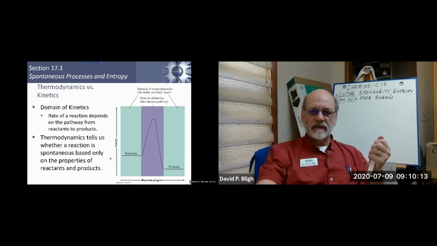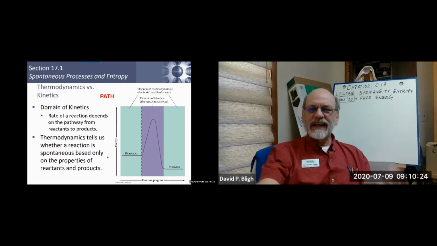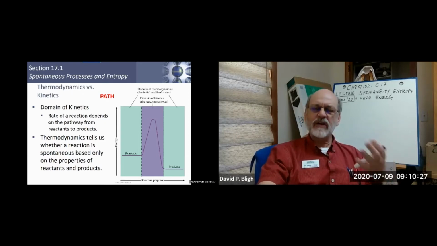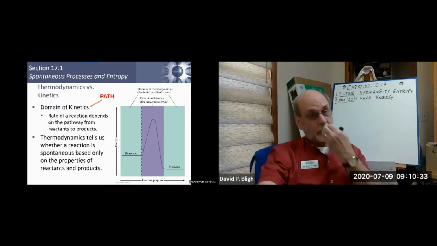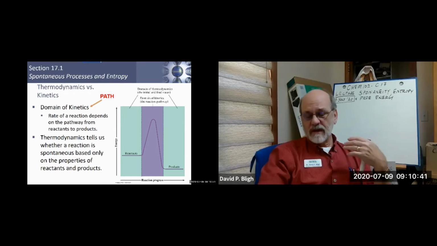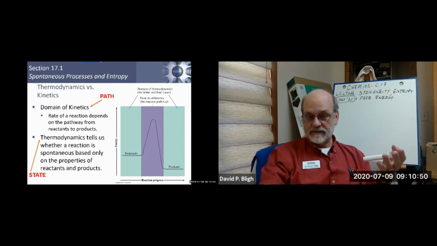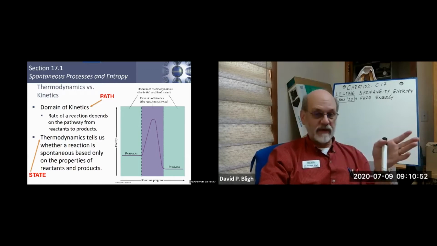So with those facts in mind, we say that the description of a reaction in terms of kinetics is a path function. In other words, the path matters. What path does the reaction take? Whereas thermodynamics is only concerned with the state of the reactants in the beginning and the state of the products at the end. So it is a state function. It doesn't matter what the path is.